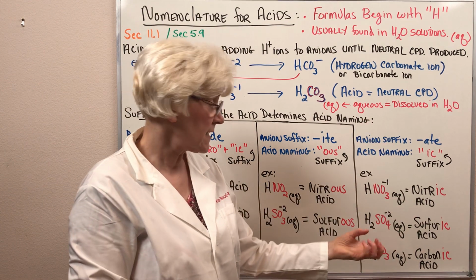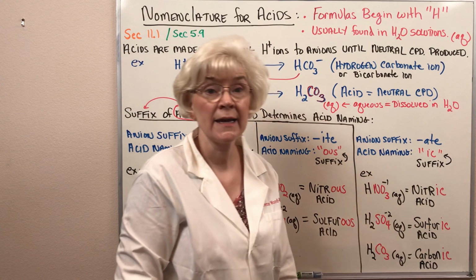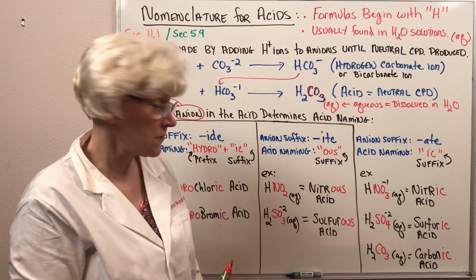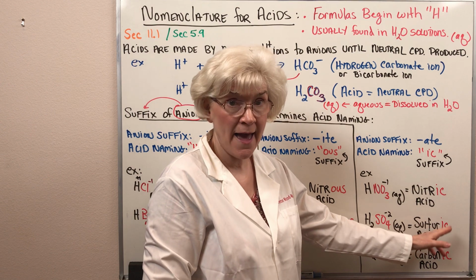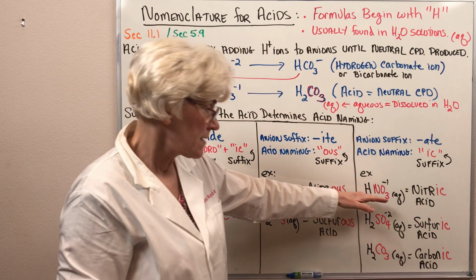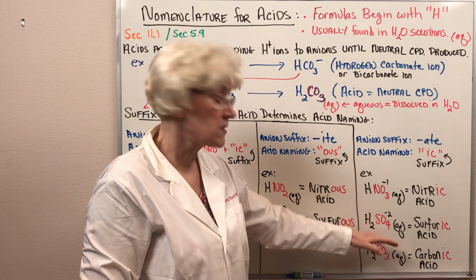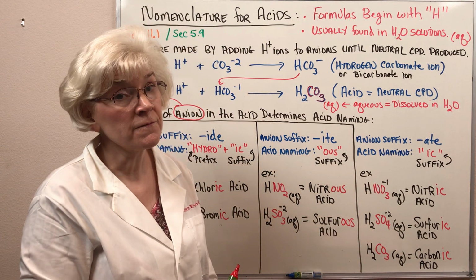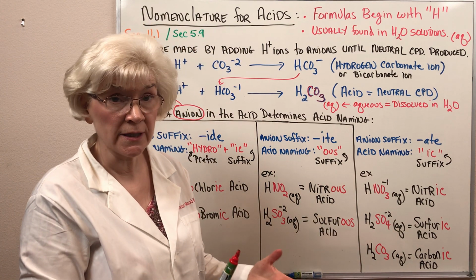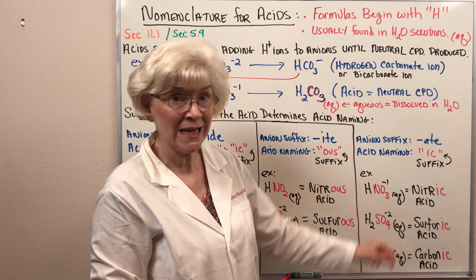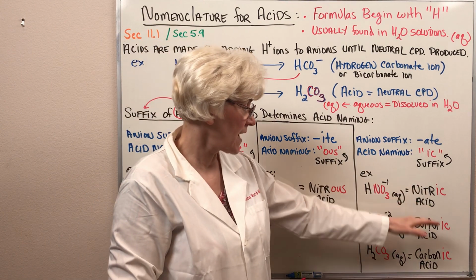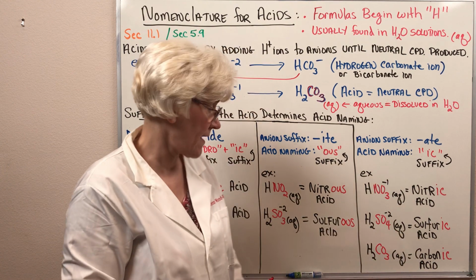We drop the ate off of sulfate and add the ic suffix for the acid, so this is sulfuric acid. And both nitric acid and sulfuric acid are very important industrial or commercial acids. They are used widely in industry, both nitric acid and sulfuric acid.